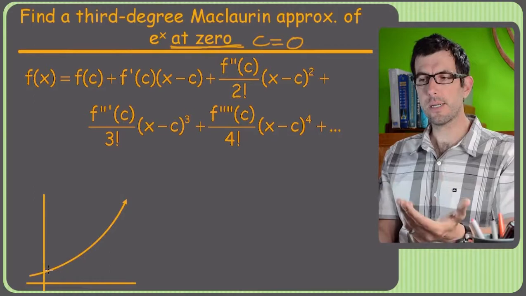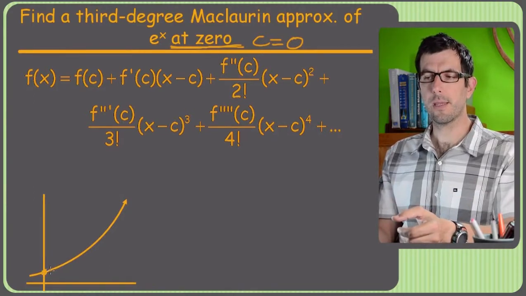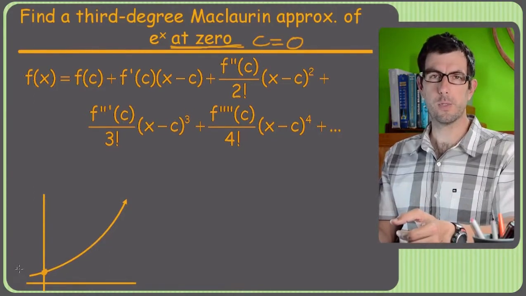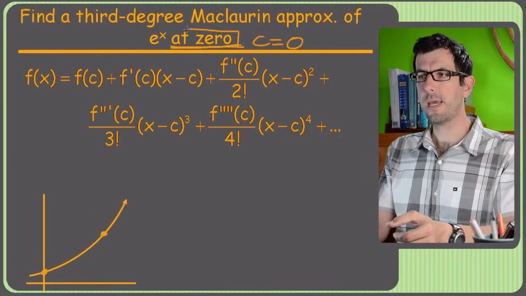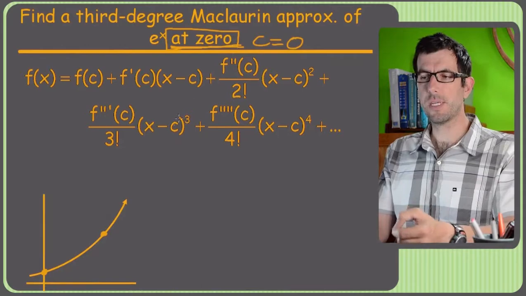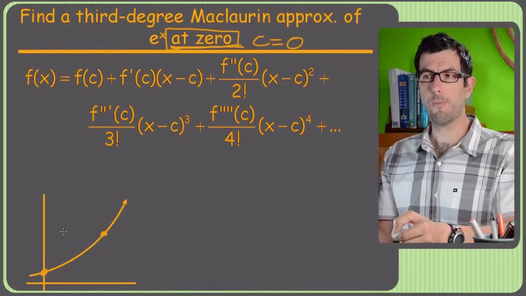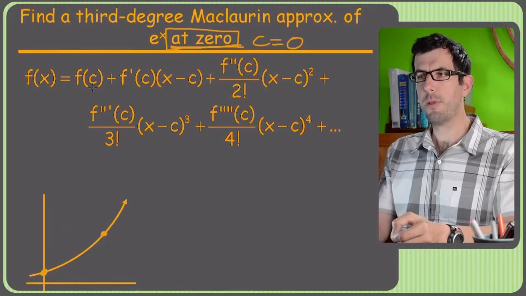Because the whole point of these series is, if you know this point, you can use that to approximate points elsewhere on the curve. At 0 just means we're plugging in 0 for c, meaning that this is the point we know on the curve. So let's just plug and chug through the formula.